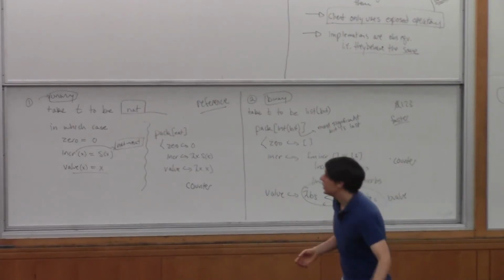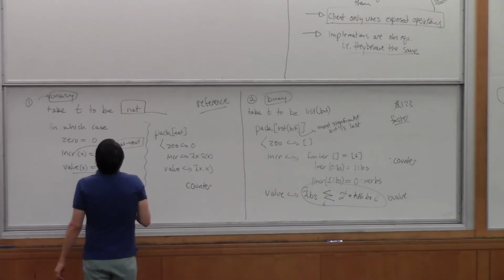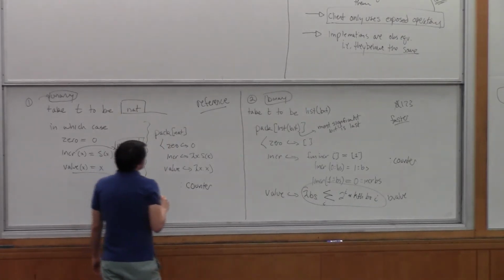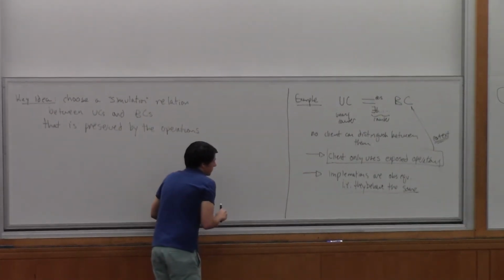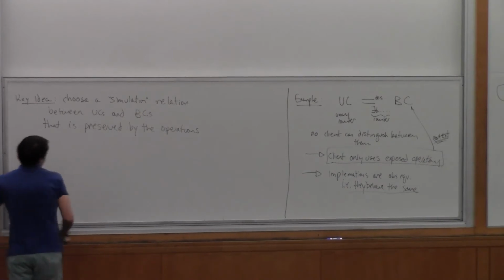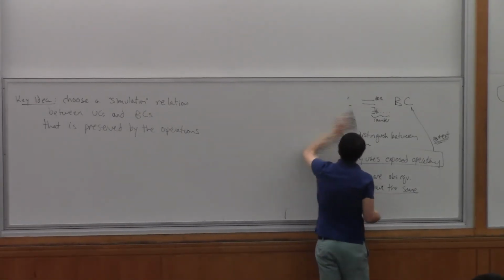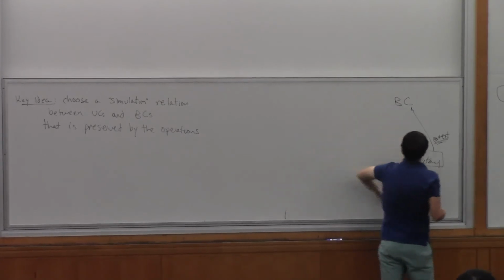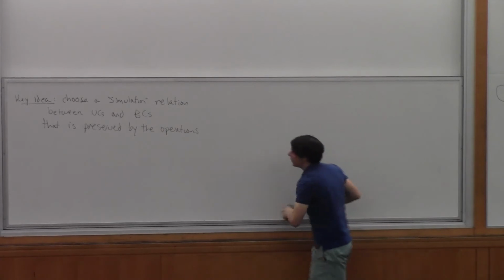Okay? So it suffices to show that the simulation relation is preserved by the operations, which means it's something we'll have to spell out on a case-by-case basis until this afternoon when we say what logical equivalence means for this language, which will codify all of this.